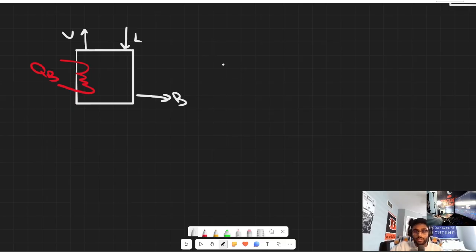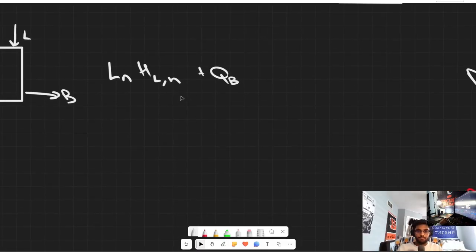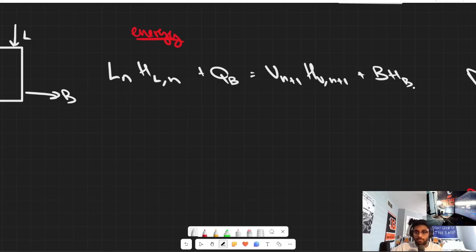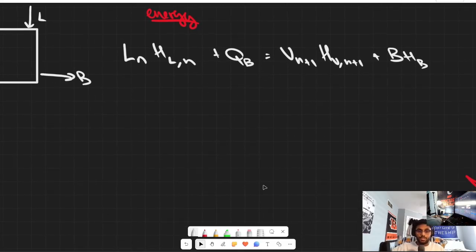So we can say that L from the stage above times the enthalpy of that liquid from the stage above, plus QB, the energy here, is going to be equal to that vapor from the stage below that's leaving our reboiler times the enthalpy of that same vapor, plus our bottoms flow rate times the enthalpy of the bottoms.